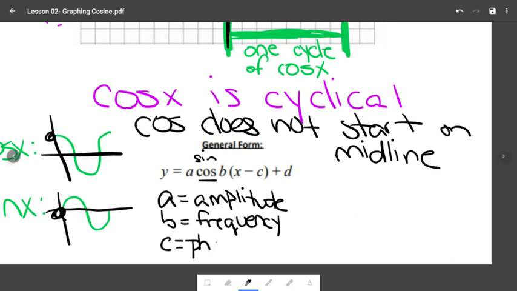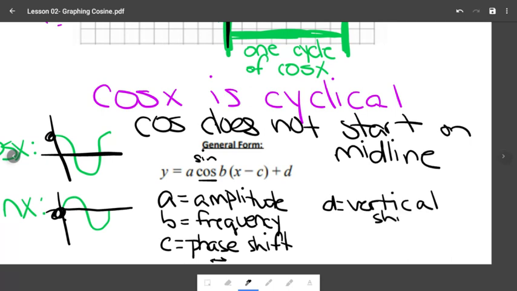C is still the phase shift, which remember is the horizontal shift. And D is still the vertical shift. Every time we graph these, just like with sine, you don't have to worry about graphing the phase shift. You would just have to recognize it if you see an equation that contains one.